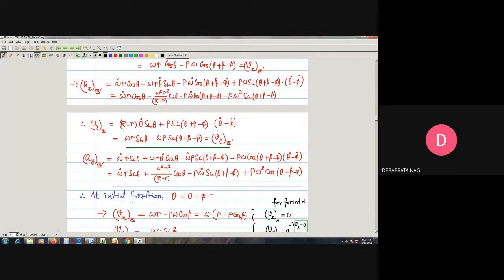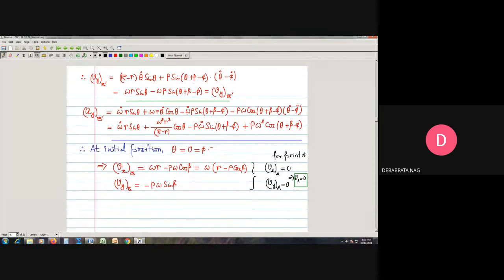We can put theta equal to 0 and phi equal to 0 both in this expression, and you will notice that the x component of velocity of the point A will be simply 0. Similarly, you will be able to get the y component of velocity for the point A to be equal to 0, which leads to the situation VA equal to 0.